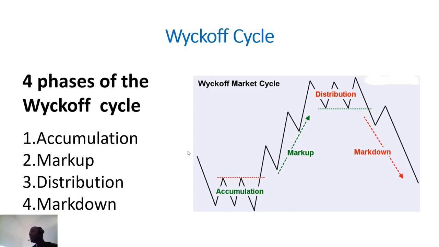Okay. And basically it's like a correction phase. It'll continue to accumulate, but you'll see different phases, and it'll generate new highs throughout the markup phase. Now the distribution phase, this is where it begins to fail to break new highs.